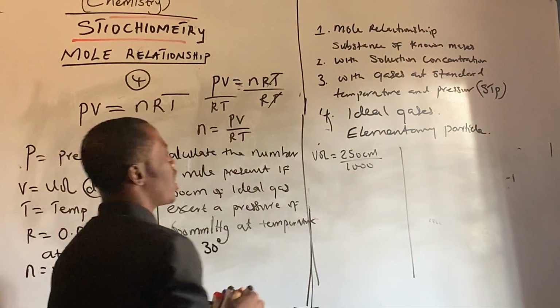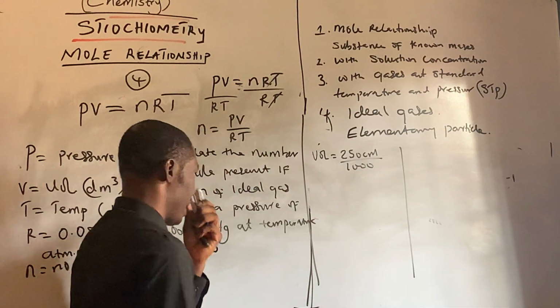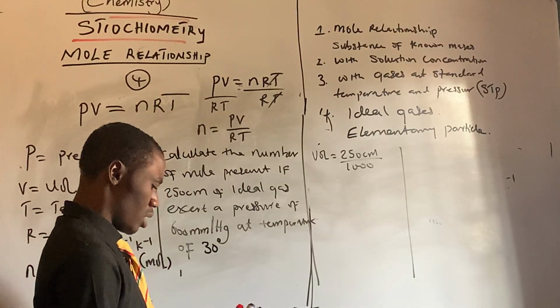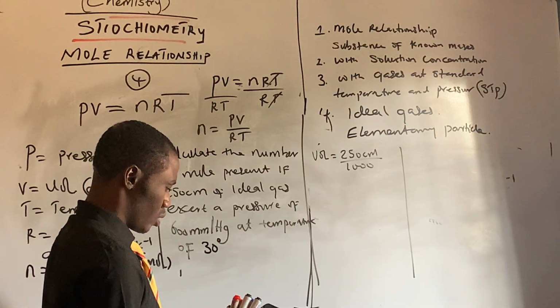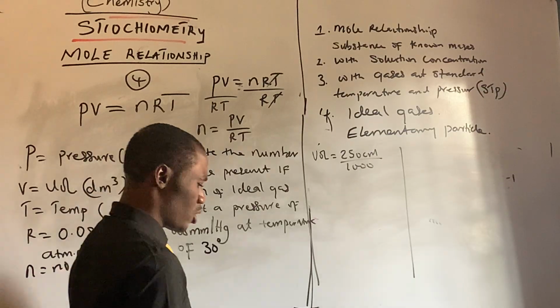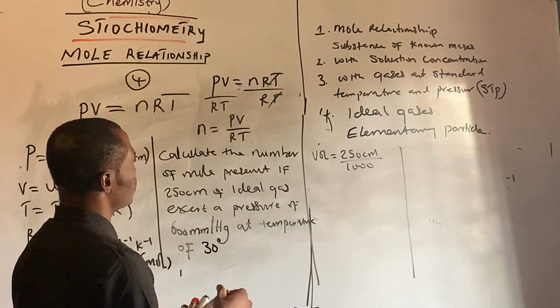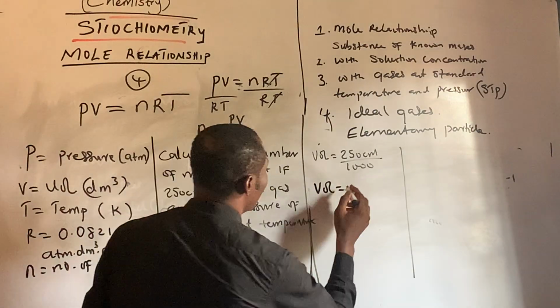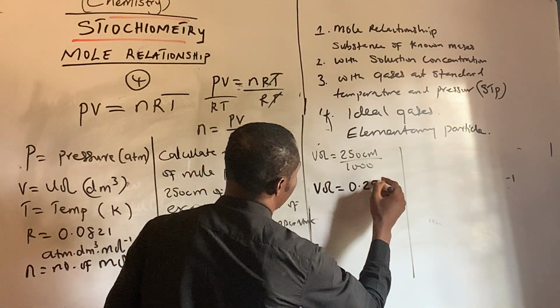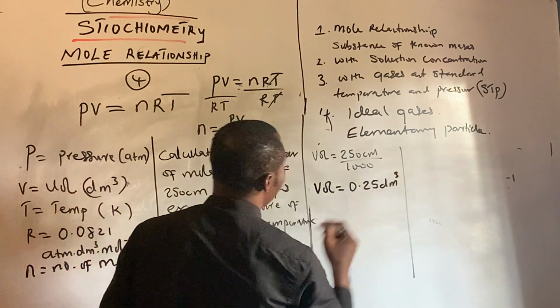If we do that, we're going to get the volume in dm³. I have 250 divided by 1000. I'm having 0.25. So this is my new volume, 0.25 dm³. That's my volume in dm³.